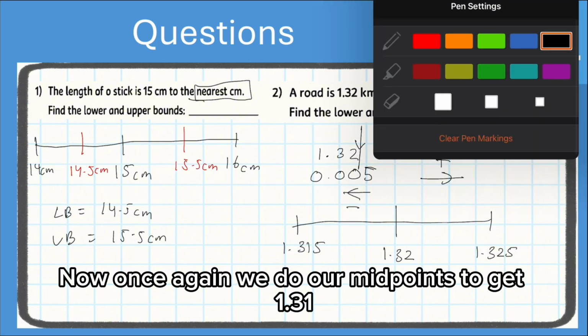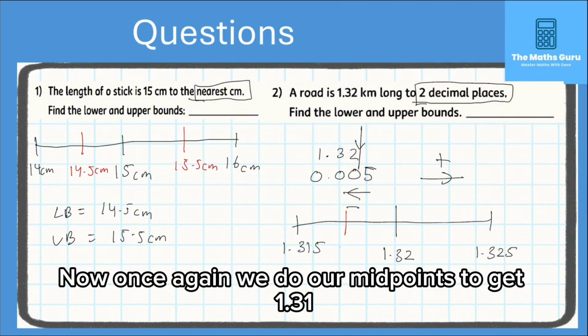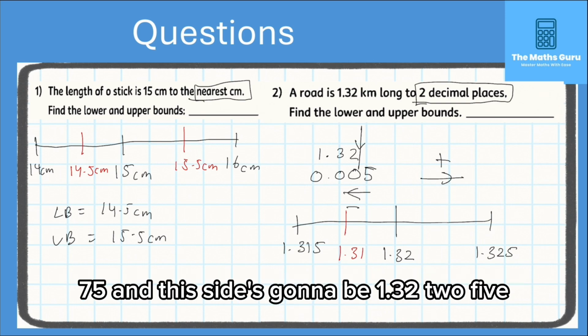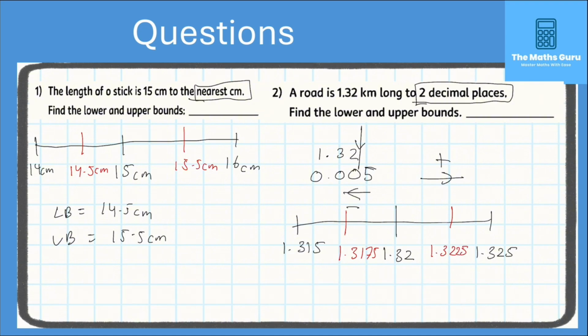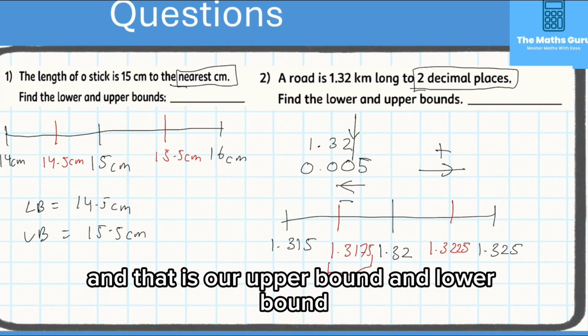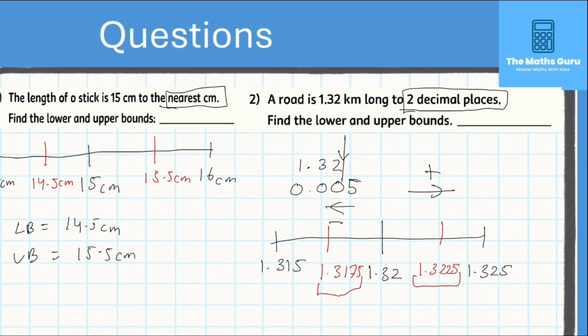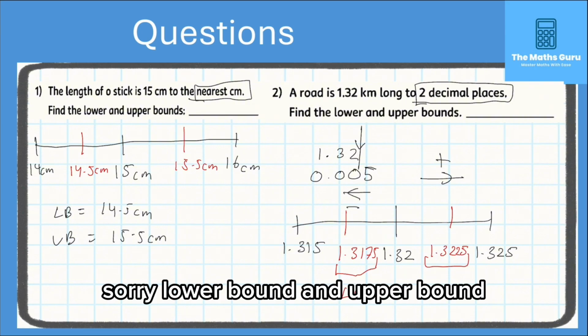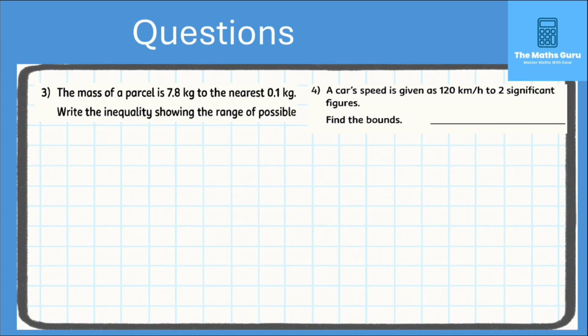Now, once again, we do our midpoints to get 1.3175, and this side's going to be 1.3225, and that is our lower bound and upper bound.